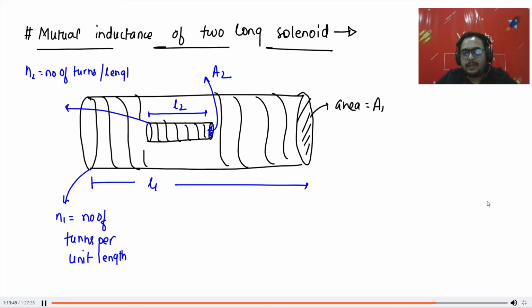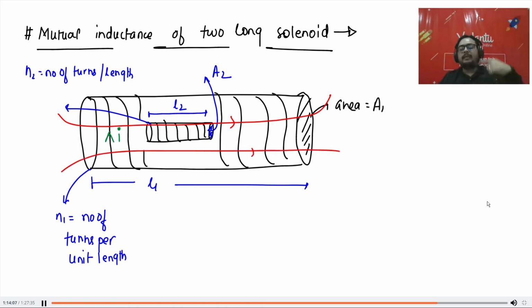How can we calculate it? If I take the current I in the outer solenoid, a magnetic field will be generated in it. Can anyone tell me how much the magnetic field generated due to the outer solenoid will be?